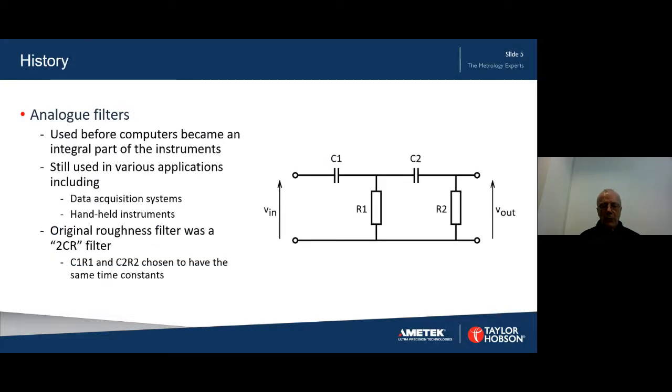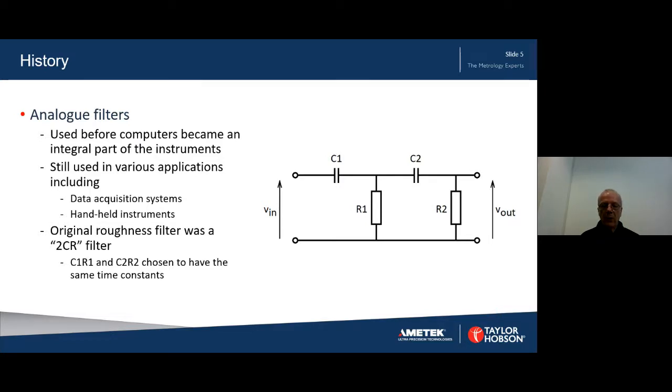When surface texture and roundness instruments were first developed, computers were not available. Filters were implemented electronically, and the filter was standardized on was a 2CR filter. This filter consists of two stages made from a capacitor and a resistor. The two stages were designed to have the same frequency response.